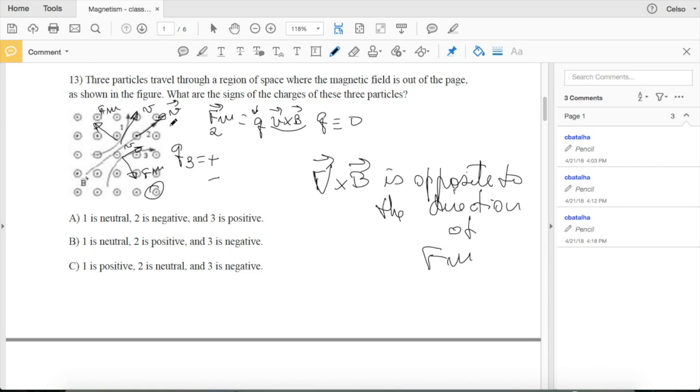Take your four fingers, put them along the direction of V, and bend towards a vector that comes out of the screen towards your face. So your thumb is pointing downward towards your right hand side, and that is opposed to the magnetic force. Which means the charge must be negative. So Q1 must be less than 0.